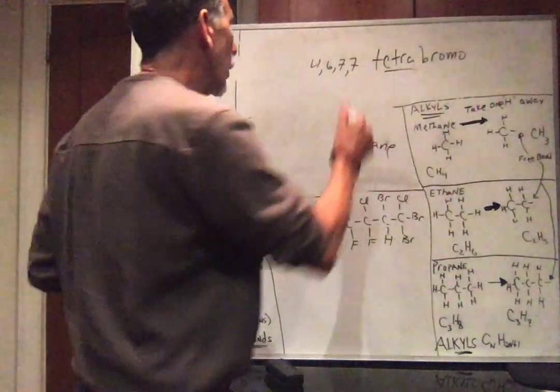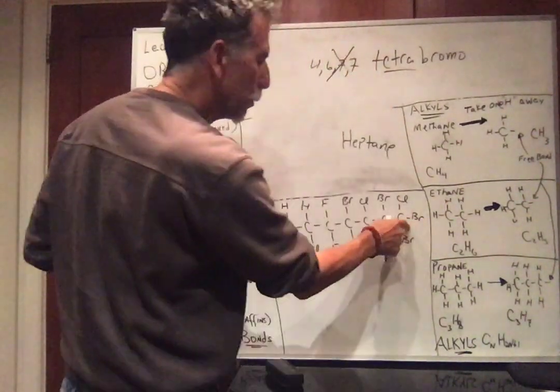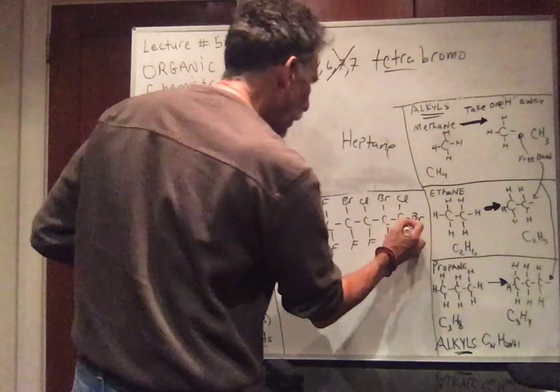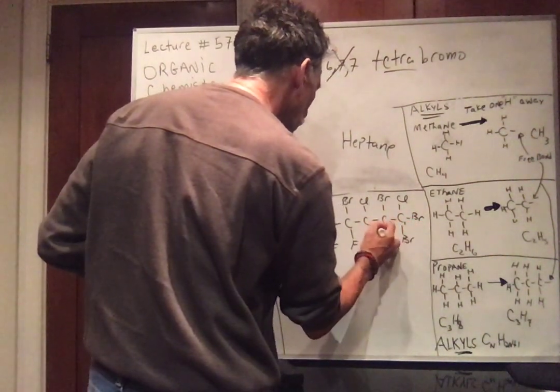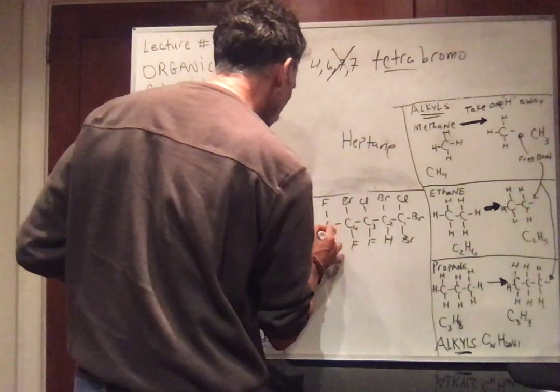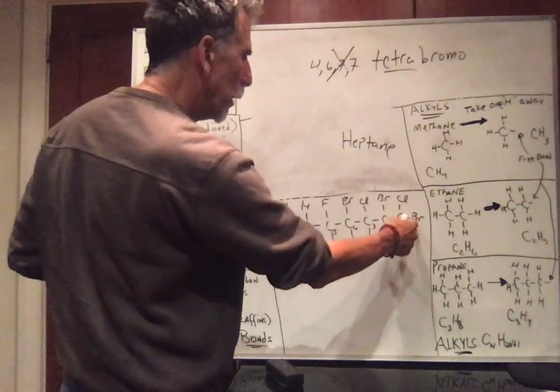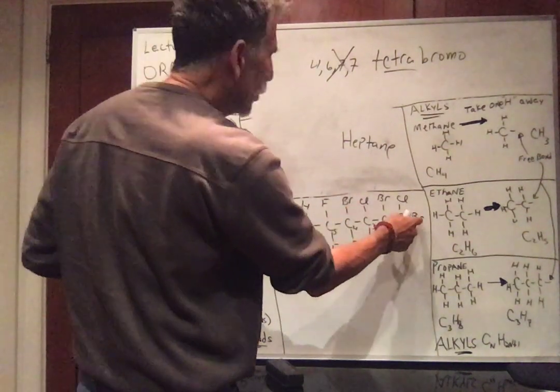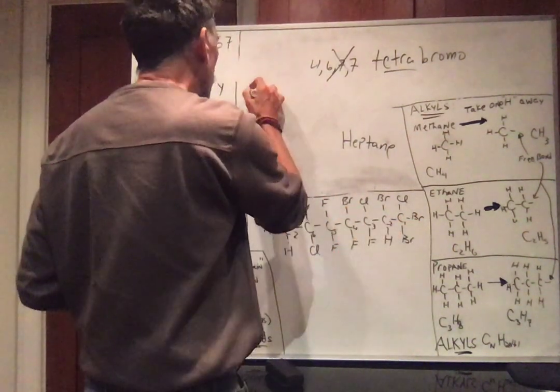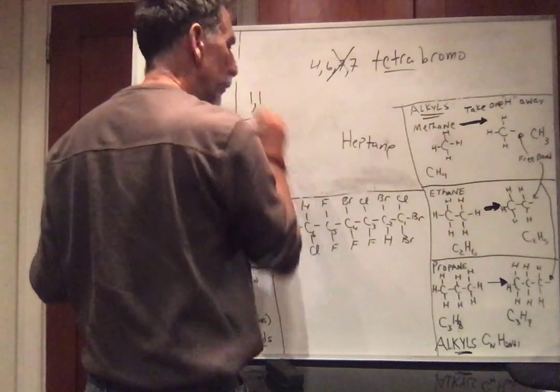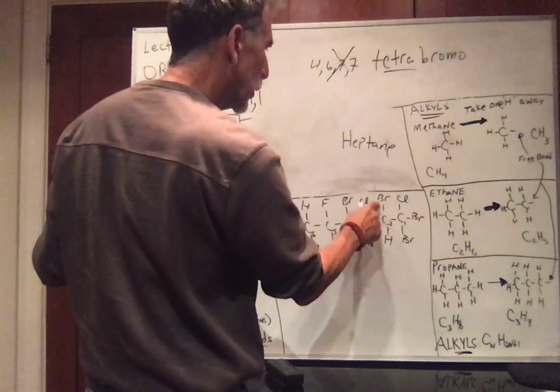Okay, but that's not right, because if I count from this end, going this way, this is carbon 1, 2, 3, 4, 5, 6. If I count right to left, let's see. Now I have two bromines on the first carbon. So it would be 1, 1. There's a bromine on 2.